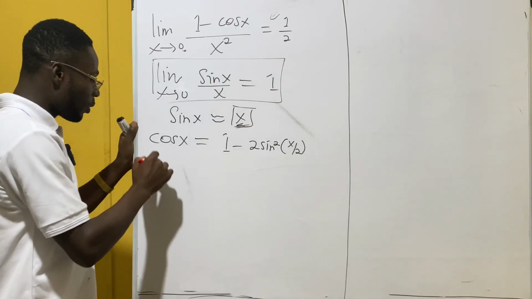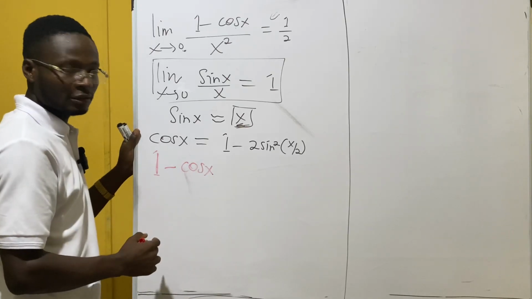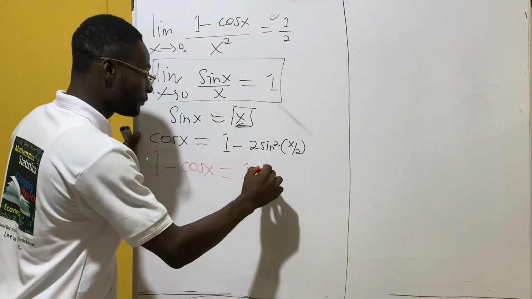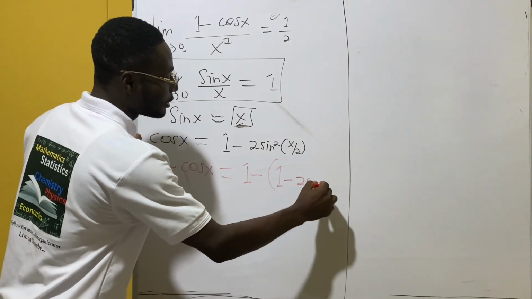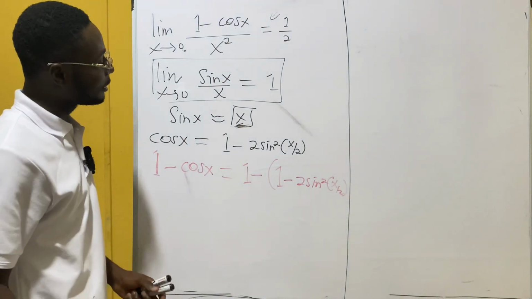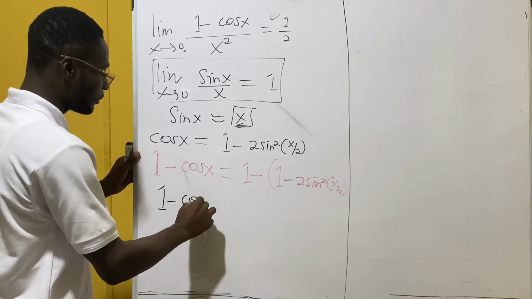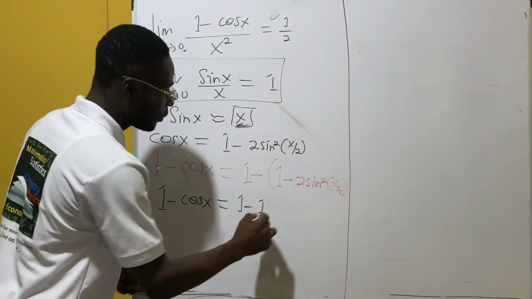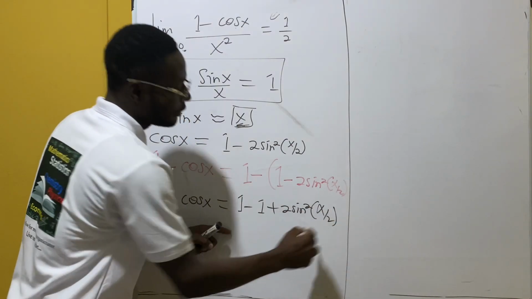So we have 1 minus cos x. Whatever you do on one side, you do the same on the other. So 1 minus the quantity 1 minus 2 sin squared of x on 2. When you do this, you're going to have 1 minus cos x equals 1 minus 1 plus 2 sin squared of x on 2.